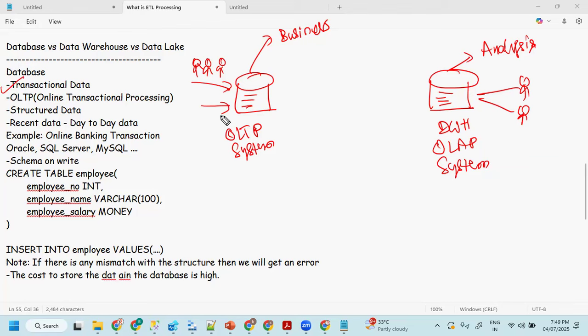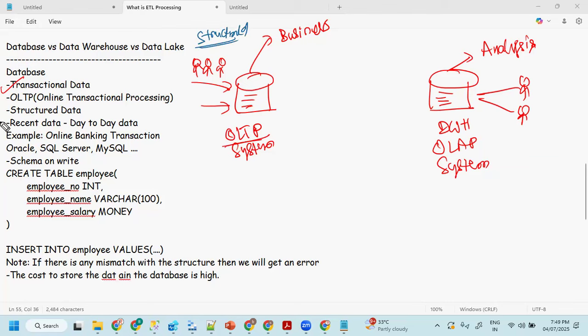So the first point I'm saying: transactional data is going to be in the OLTP system. OLTP means online transactional processing system. Whatever data is coming through your business application and sitting in some storage, that storage we can call an OLTP system. I told you all these OLTP systems are going to have only structured data, 100%.